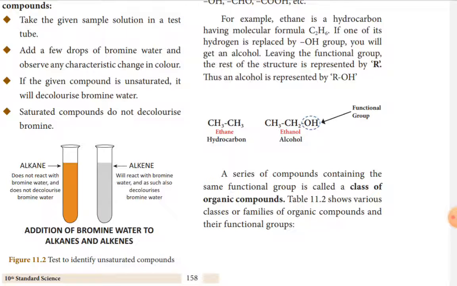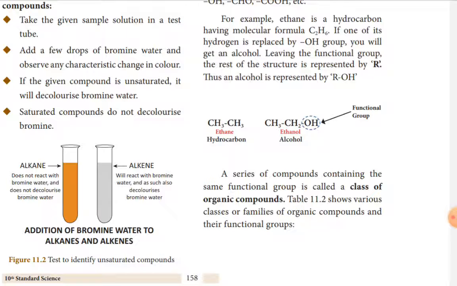So in the alkane, if you replace a hydrogen atom by an OH group or by any other functional group, that compound turns to be alcohol or aldehyde or acid.